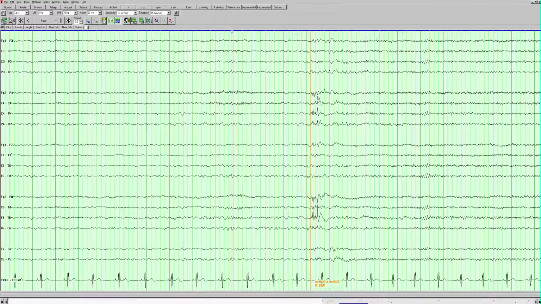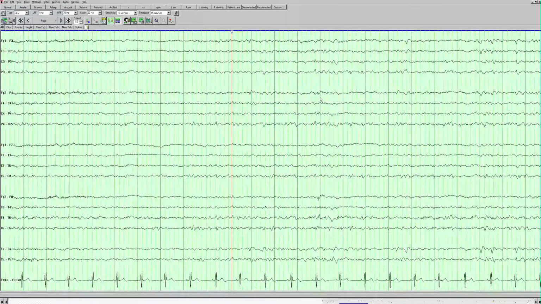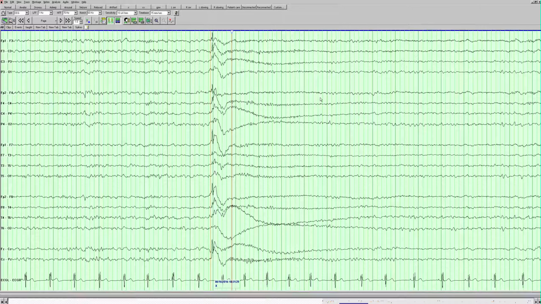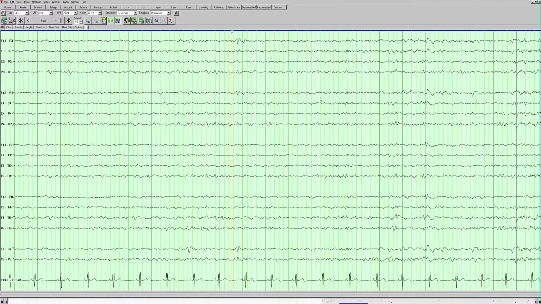Now here's some more focal right hemispheric epileptiform activity. This looks like it's anterior temporal here, and it also has a frontocentral component on the right. So sleeping here, there's some more spikes riding on top of that K complex.